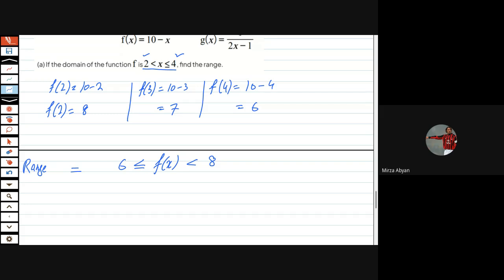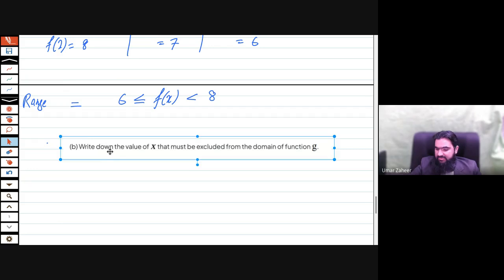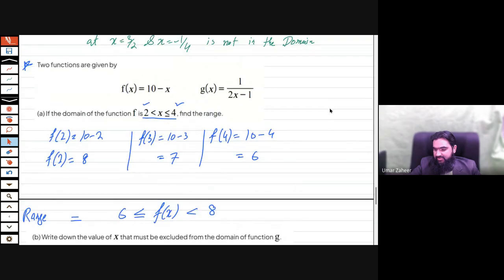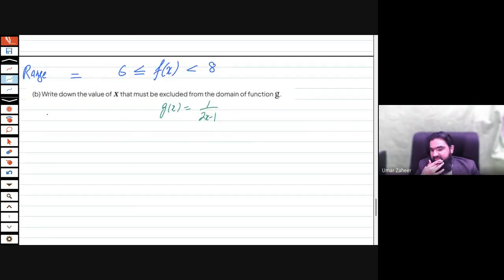No, sir. Okay, in the next part, it says to write down the value of x that must be excluded from the domain of function g of x. g of x is given, that is 1 divided by 2x minus 1. So which value do we not take in the domain?